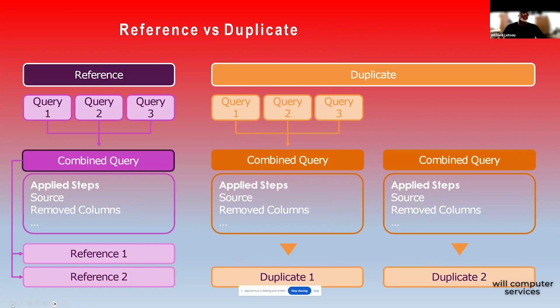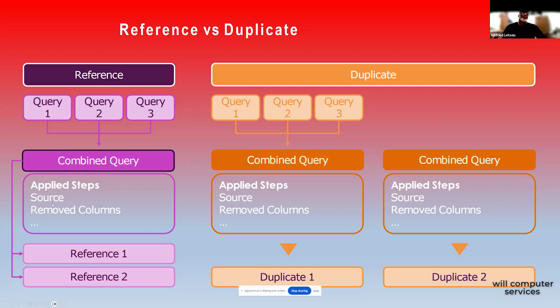We talk about reference. We're talking about reference and duplicate, two different things that I want to show you here. For the reference, we have query 1, query 2, query 3, and we combine them all together. Now we come back here, apply steps, source, remove column, whatever we want to do to clean up.